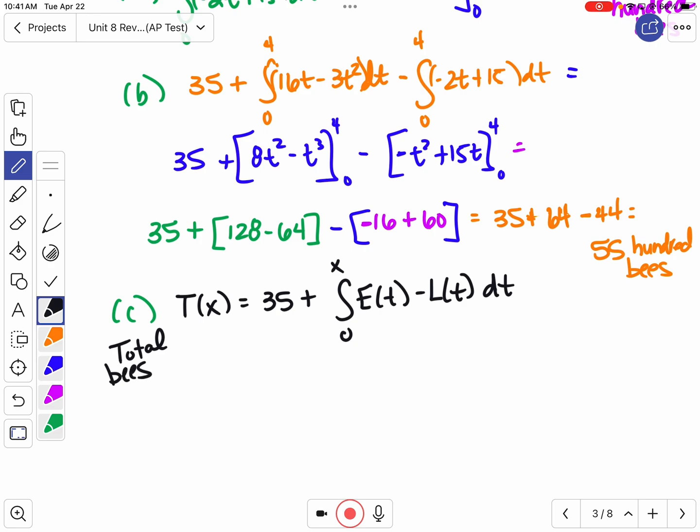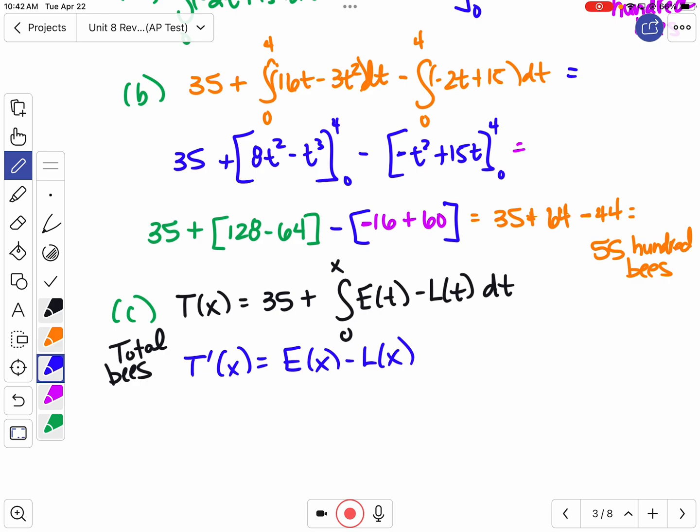In order to find a maximum or a minimum, we have to find a derivative. So T prime would equal, the derivative of 35 would be what? 0. The derivative of this integral would just be E of x minus L of x.